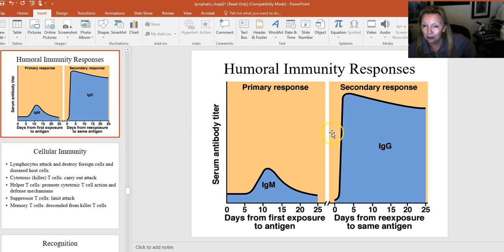Remember, titer tells you how much. They'll be pumping out huge amounts of that antibody. It will be flooding the system. Bombs will be going off everywhere for those antigens. And you will be taking those antigens out. You'll be taking them out so quickly that you will never get signs and symptoms of the same thing twice.